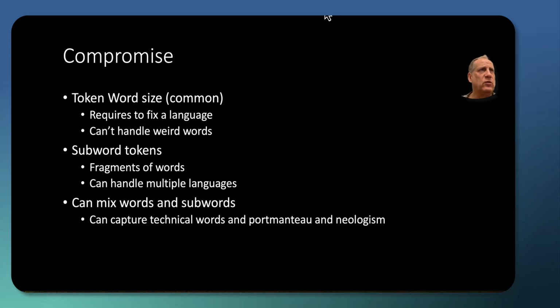Another thing we could do is use subword tokens. By subword tokens, I mean if we had "unpleasant," then the "un" could be a subword token. And then we could have "pleasant," or we could have "ent." Lots of words have "ent" at the end. So we could break it into these little pieces that are almost like syllables, called subword tokens.